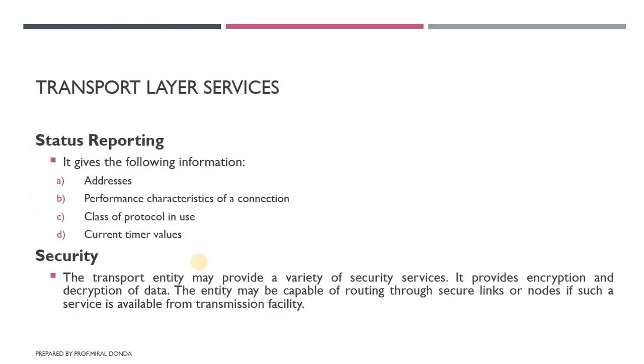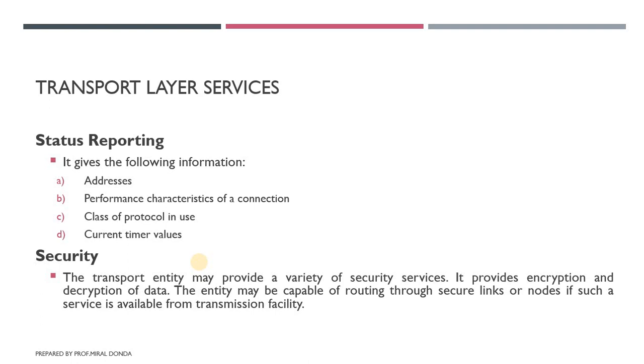The next is status reporting. It gives the following information: addresses, performance characteristics of the connection, class of protocol in use, and current time values. The transport layer also provides services like data transfer, reliable data transfer, flow control, and many things. But at the same time, it also takes care of the status of each and every connection.